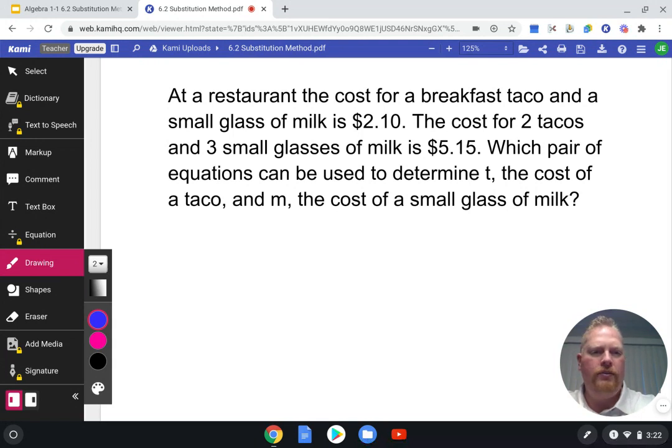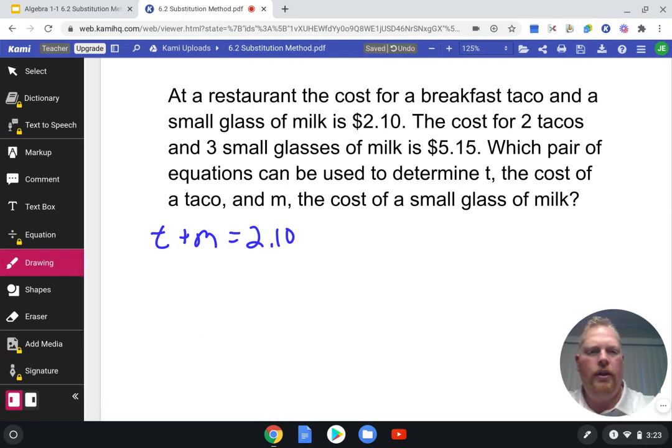So for the first one, they had 1 breakfast taco and 1 glass of milk, and it was $2.10. The other person had 2 tacos and 3 small glasses of milk, and it was $5.15. So let's get one of the variables by itself. I'm looking at the second equation. Neither one of those looks good.